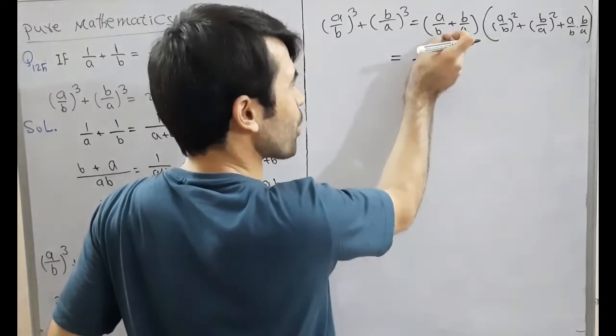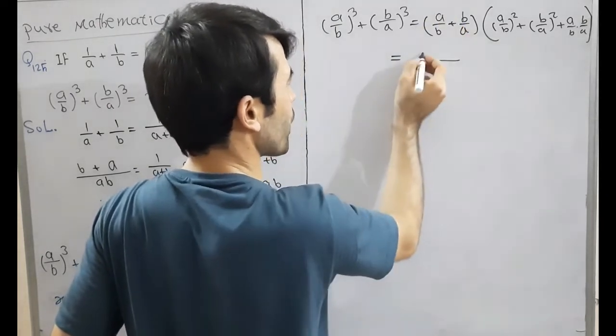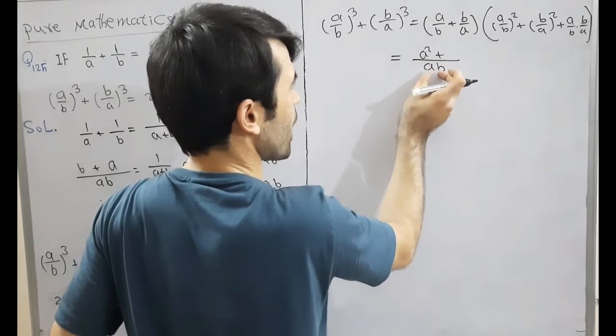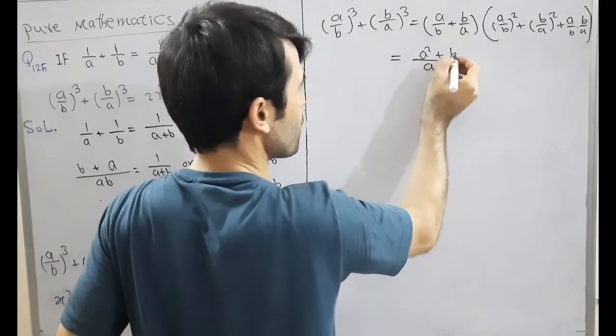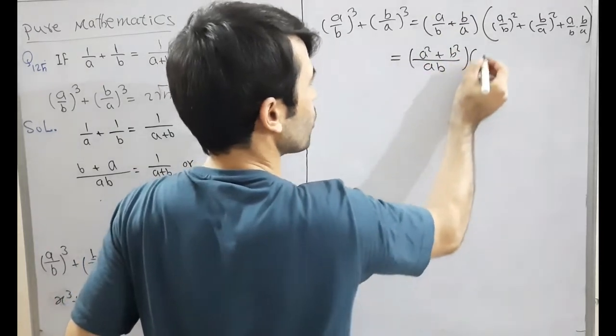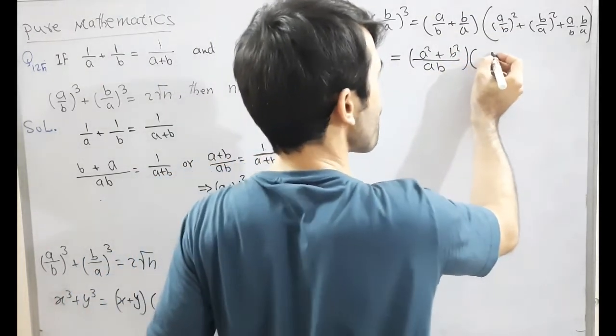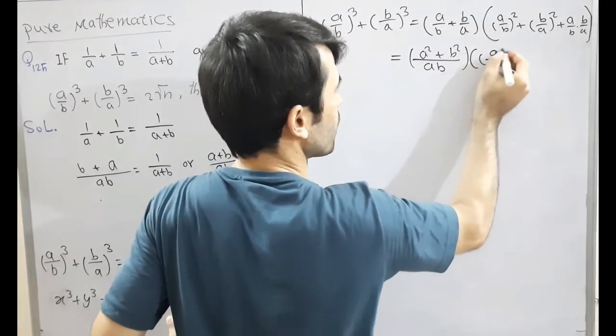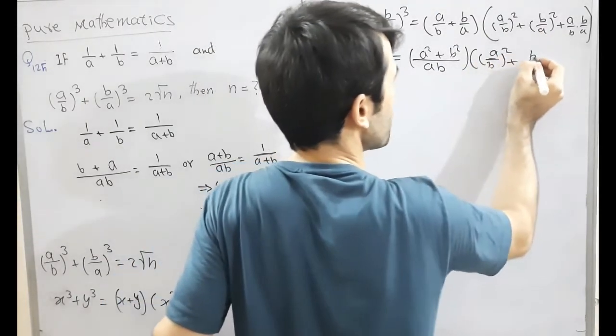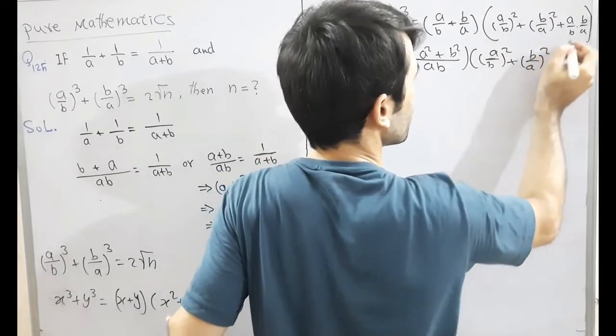It is equal to, we can write here, if we take a common denominator a into b, a into b divided by b, we get a, multiplied by a square plus a into b divided by a, we get b, multiplied by b square, into a over b whole square plus b over a whole square.